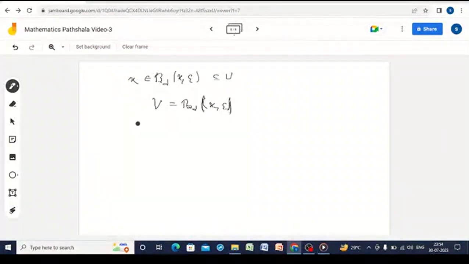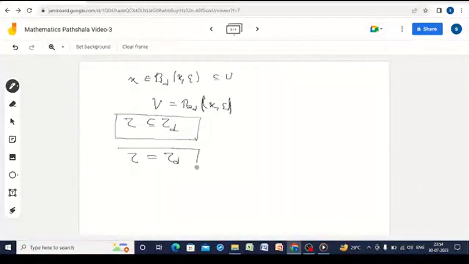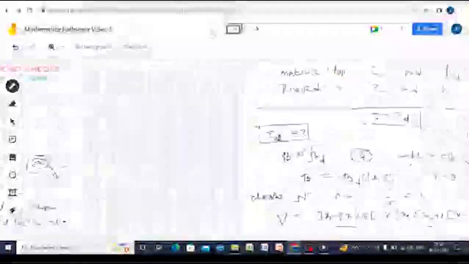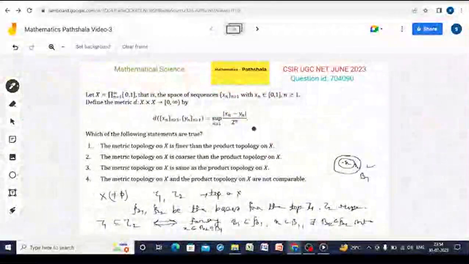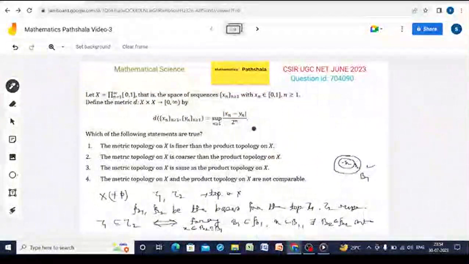So our metric topology will be larger. So tau, which is the product topology, is a subset of tau d, which is our metric topology. So by the previous one, with this we get tau equal to tau d. That means the product topology is equal to the metric topology induced by our given metric d(x,y) equal to sup of mod xn minus yn by 2 to the power n.